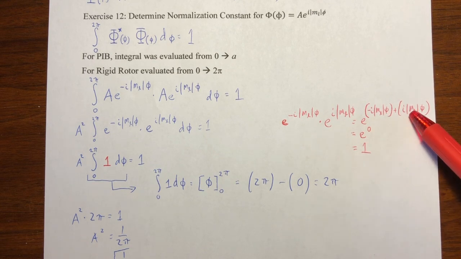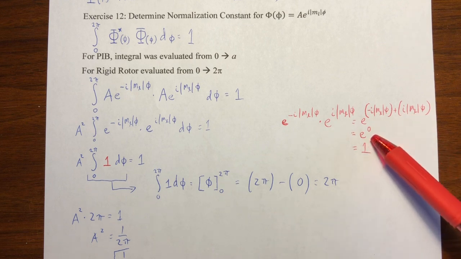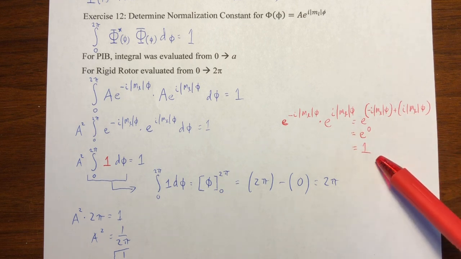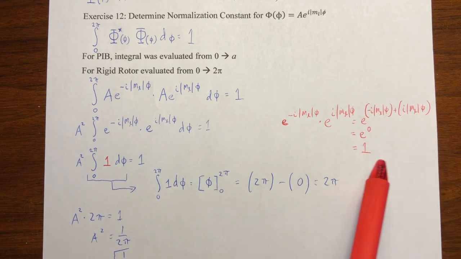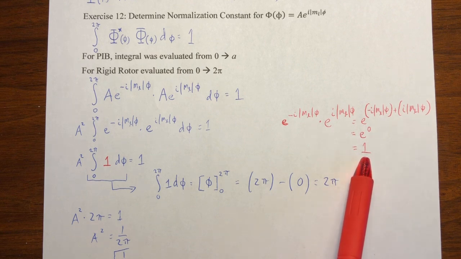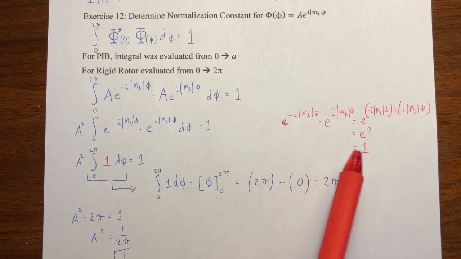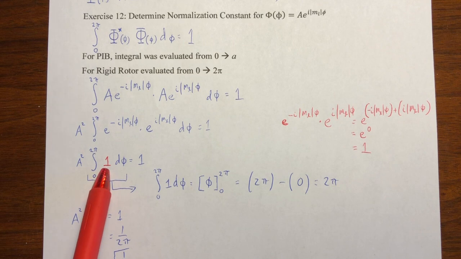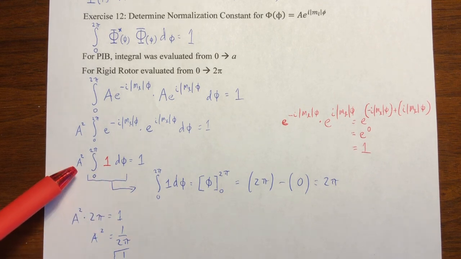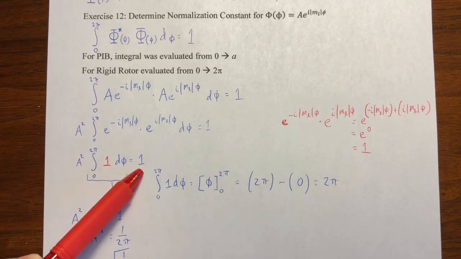And when you add those exponents together, you get e raised to the 0, which is just 1. So now we can plug in 1 for the product of our wave function and its complex conjugate. What we're left with is a really simple integral: A squared times the integral from 0 to 2 pi of 1 is equal to 1.